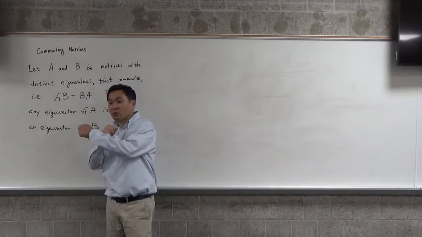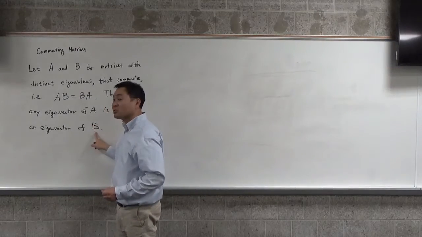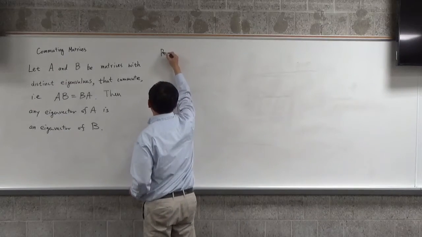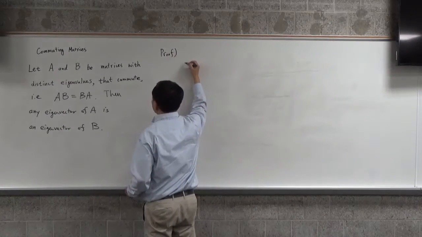If you switch A and B, that also means that any eigenvector of B is also an eigenvector of A. So let me give you that proof. And the proof goes like this.